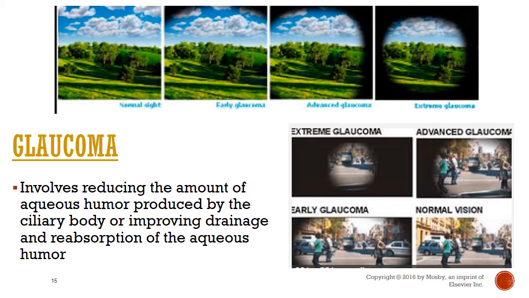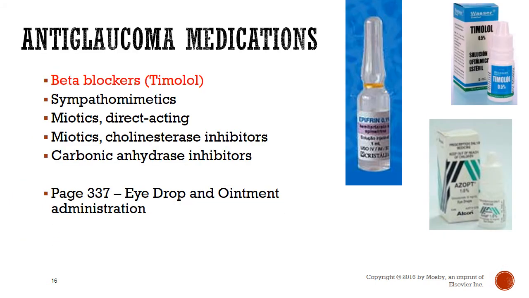So let's go to the next slide. All right, so here are the 5 groups I was talking about in this chapter, which is chapter 18. You can read more about these classes of drugs. The only one that I want you to really focus on for the semester is beta blockers and the drug timolol, which you guys should have already looked up and will bring to class on the day that it's due. And basically, what timolol is used for is to treat high pressure in the eye due to glaucoma.